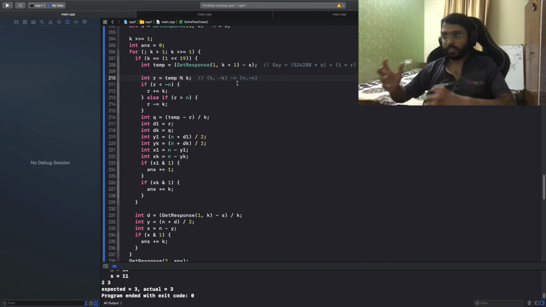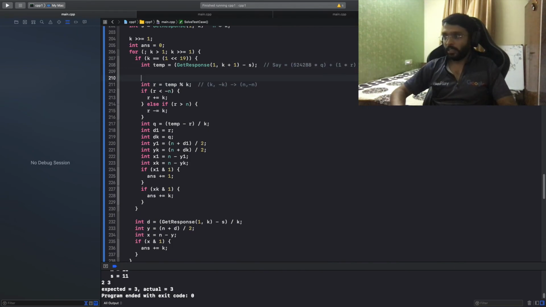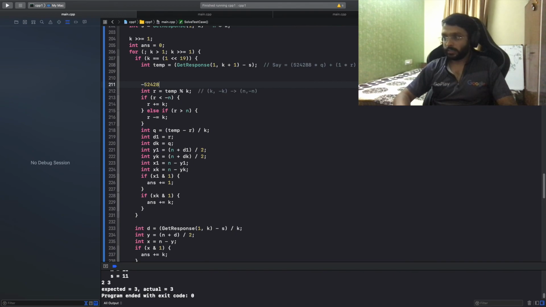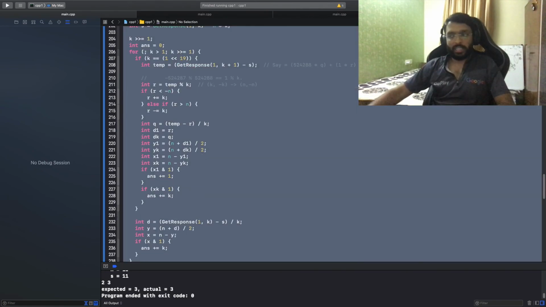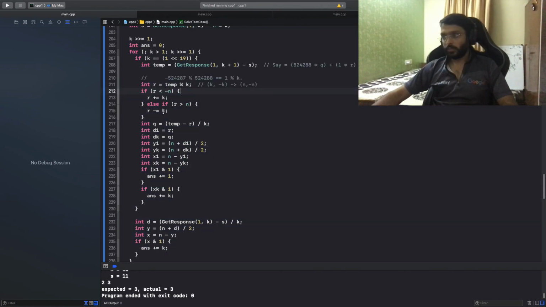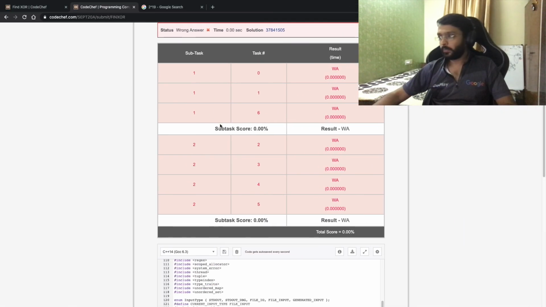For example, if k is, let us say, 7, minus 524888 modulo k is actually equal to 1 modulo k. So that's the modular arithmetic, and that's what we are using over here.